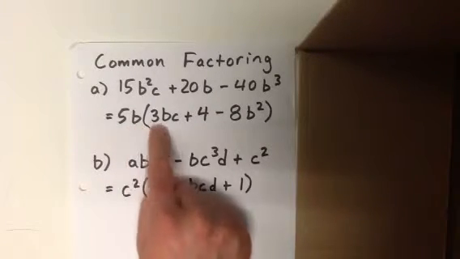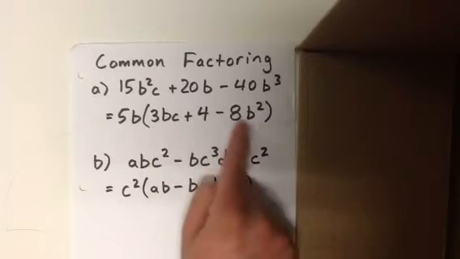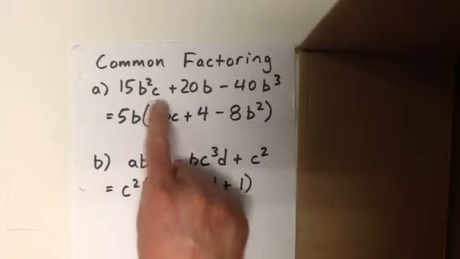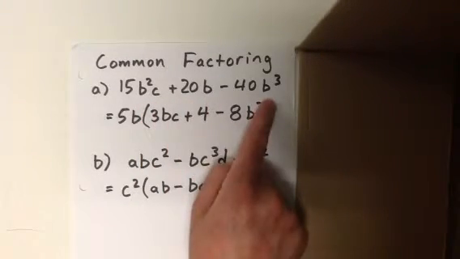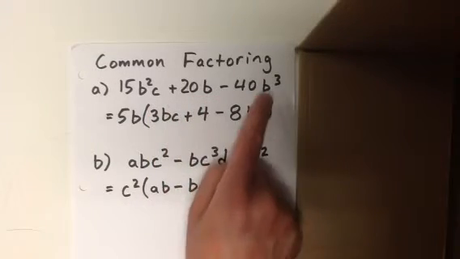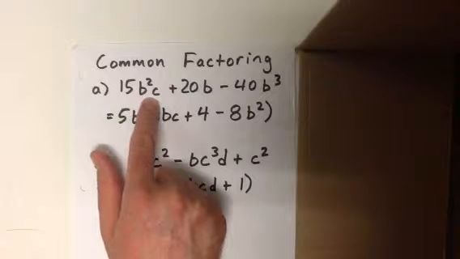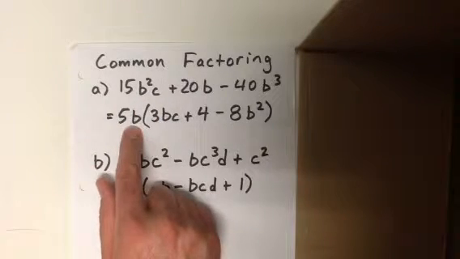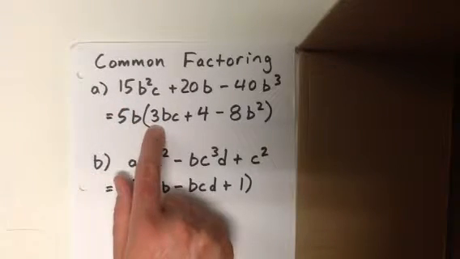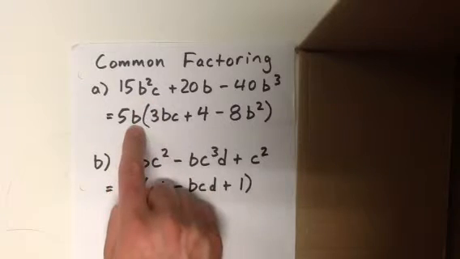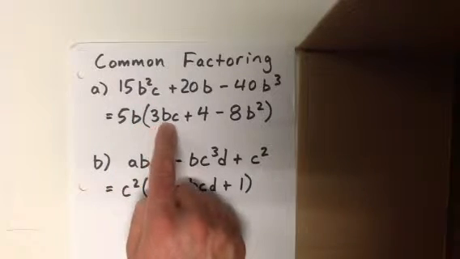When we do that, we now have to fill in what goes inside the bracket. And we see that we can't common factor out a c because this term and this term don't have c at all. So we ask ourselves, what is 15b squared c divided by 5b? Well, 15 divided by 5 is 3. b squared c divided by b is equal to bc.